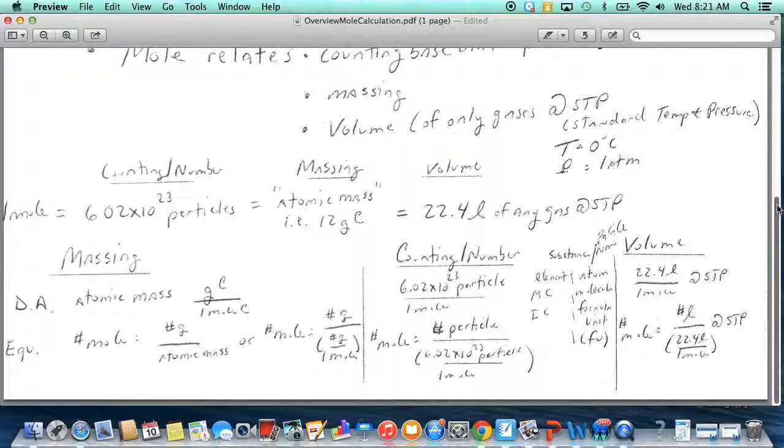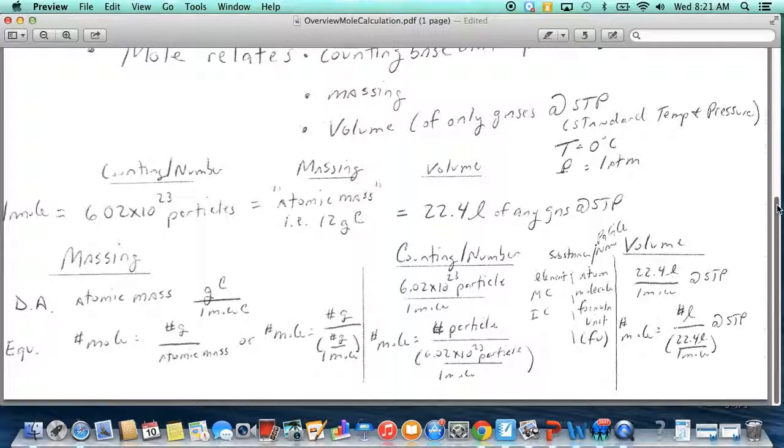But the units will be the same, which is grams of something over 1 mole of something. There will be a separate discussion on how to calculate molar masses. That's the conversion factor you would use. Of course, you would get the atomic masses from the periodic table, and the molar masses from a calculation using the atomic masses.